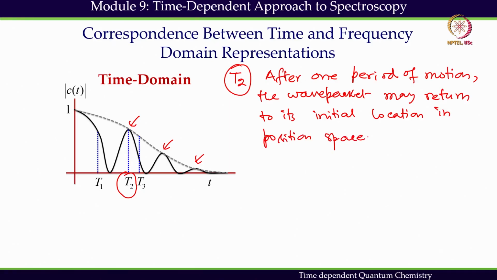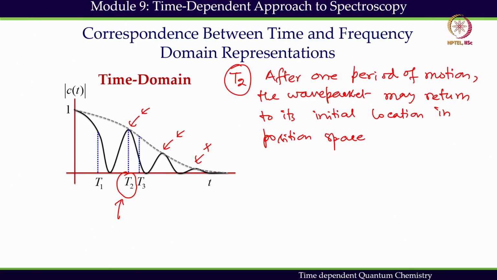And if that happens, then what will happen? I will have a reoccurrence of the CT, just like what you are seeing here. It is reappearing 3 times. And this reoccurrence time is defined by this T2. So this is the time of the reoccurrence, which is characterized by the T2 time.